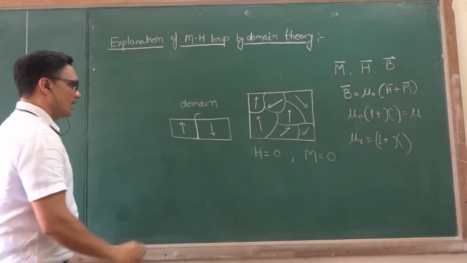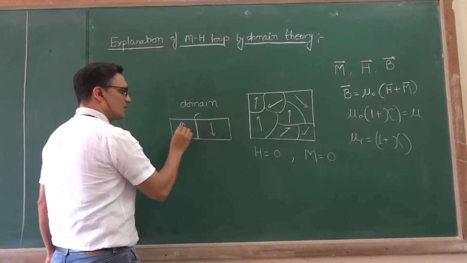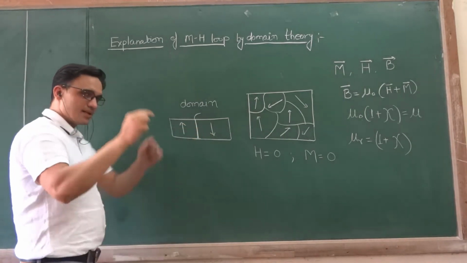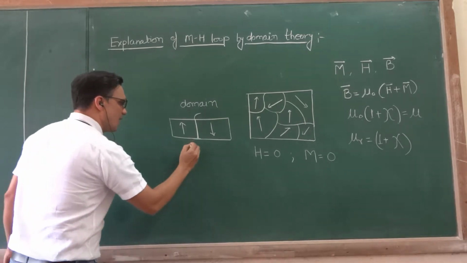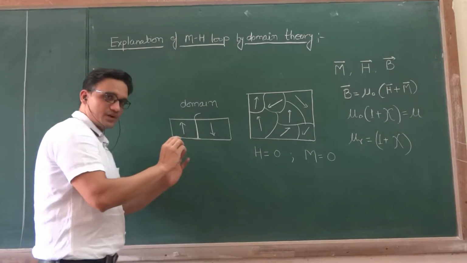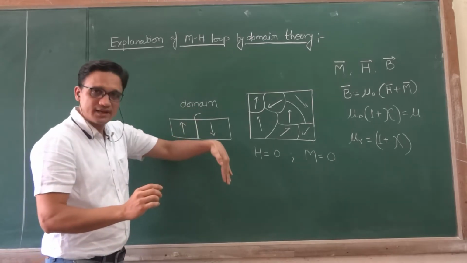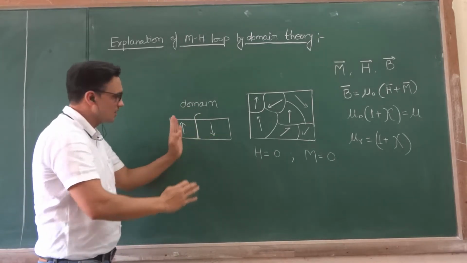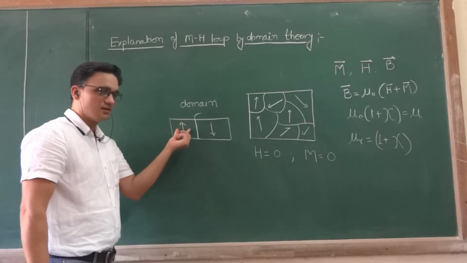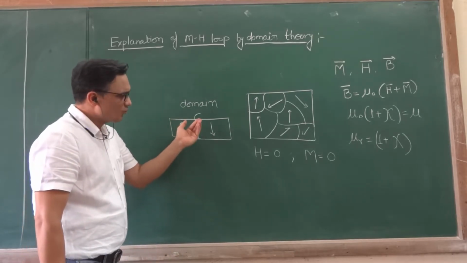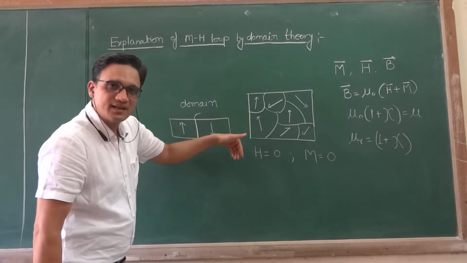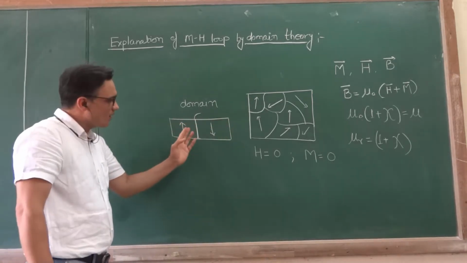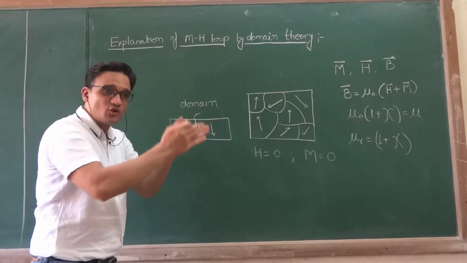At the domain boundary the magnetic moment flips from upside to downside. The moment from one domain starts to flip in the second region, and this is not abrupt; it goes gradually from one region to another at the domain boundary.